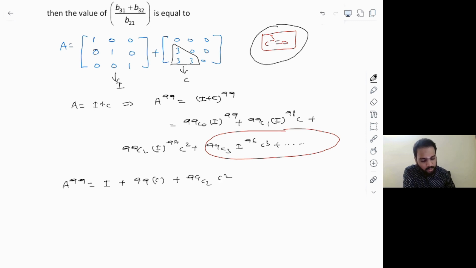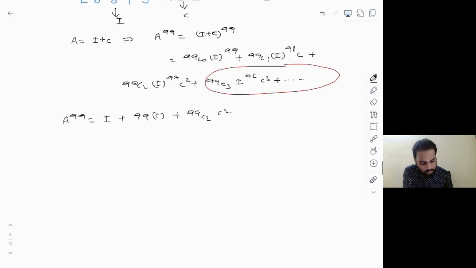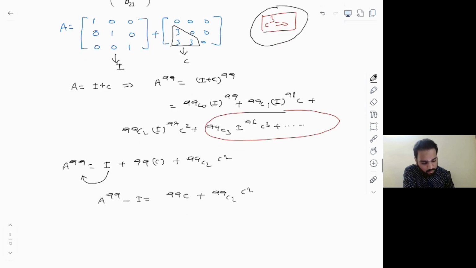The required part is matrix B, which is A power 99 minus I. You can take it to the left hand side. Finally you have the required matrix B: A power 99 minus I is equal to 99 into C plus 99C2 into C square. And this is given as your matrix B.